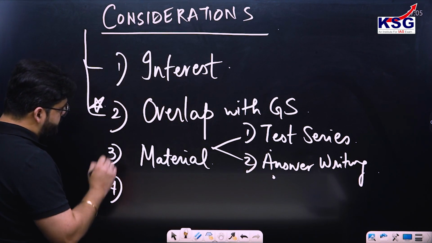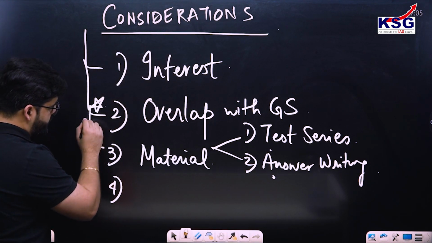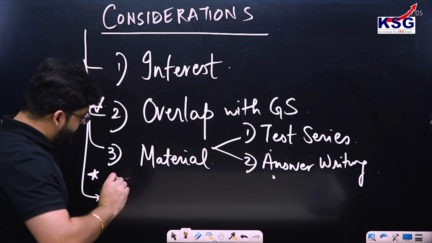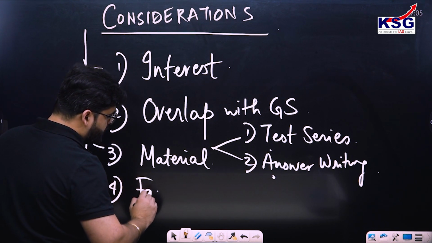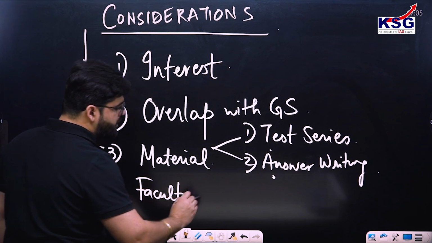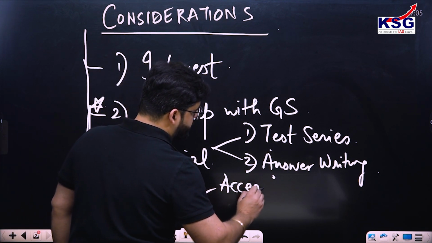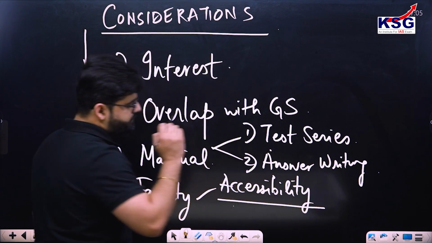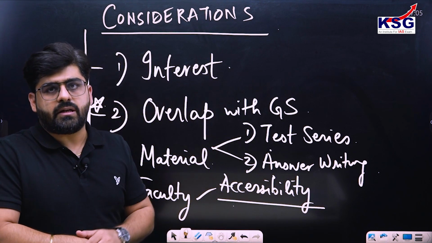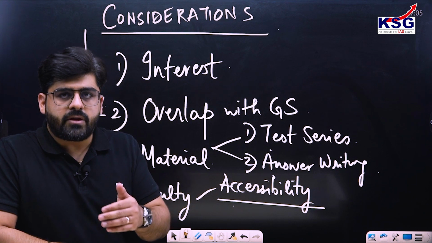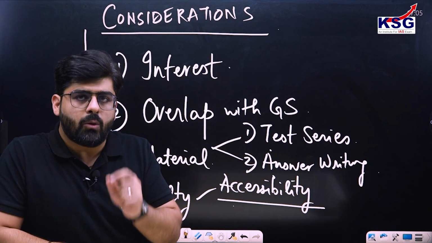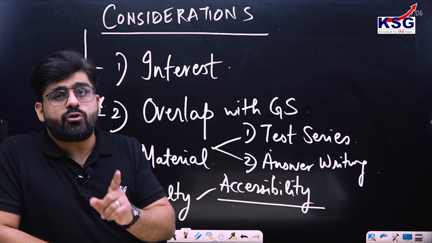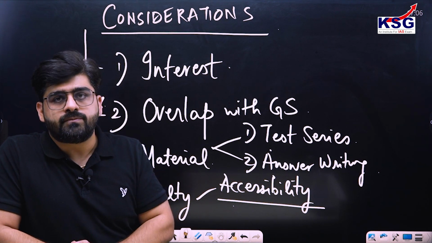Now, the fourth one, which again I'll say is very important, is the accessibility of faculty. Now, this is a very important consideration, how accessible a faculty is. Because whenever you start a new subject, you are bound to encounter problems. And when you have problems, there should be somebody to handhold you.